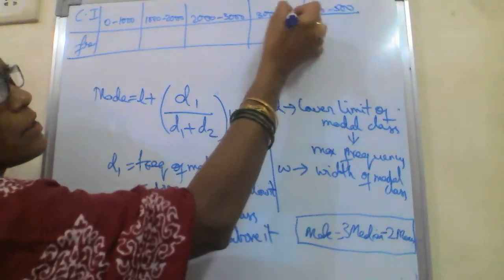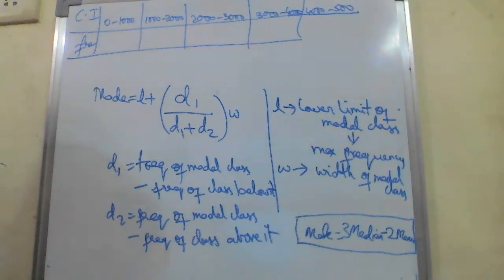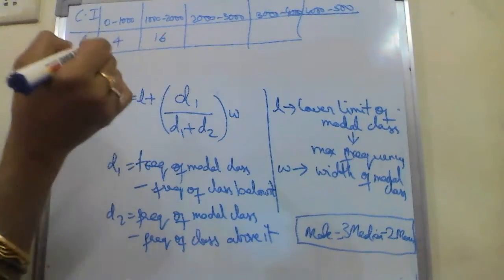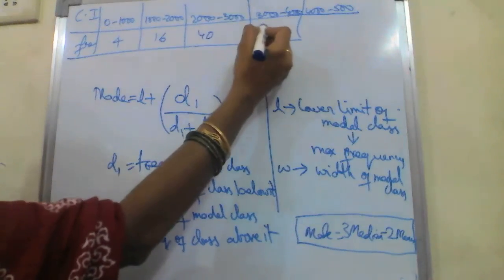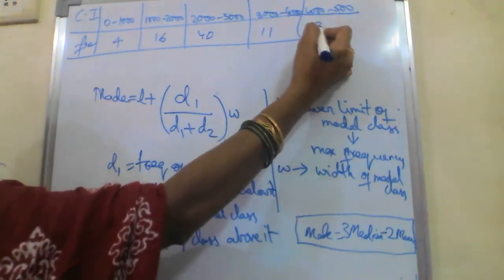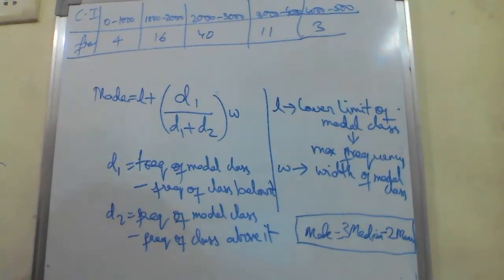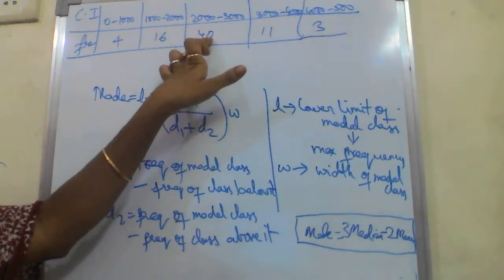Suppose you are given this particular problem. Here the frequencies they have mentioned, for example 4, 16, and something 40, and this is 11, 3. This is the problem which is given. The first thing is you have to identify the modal class, which is the one with the maximum frequency, that is 40 here.